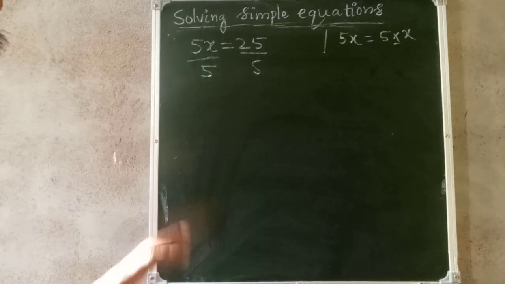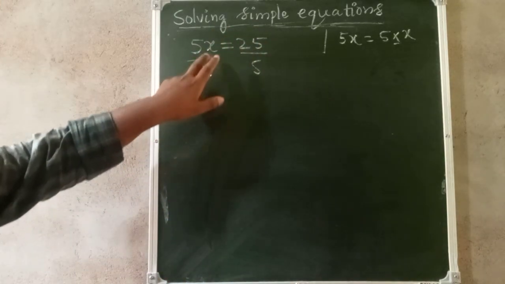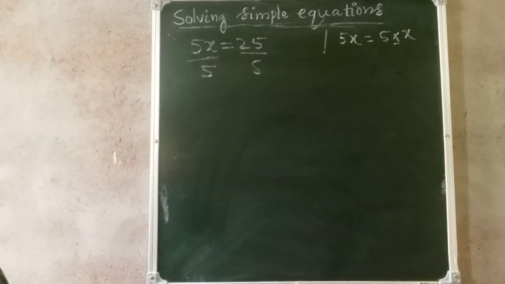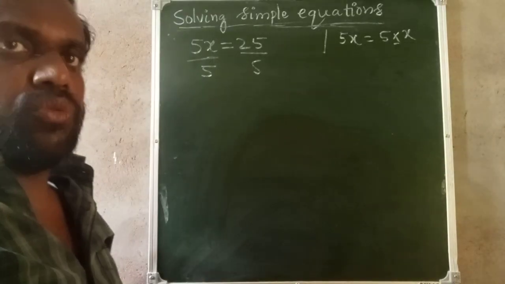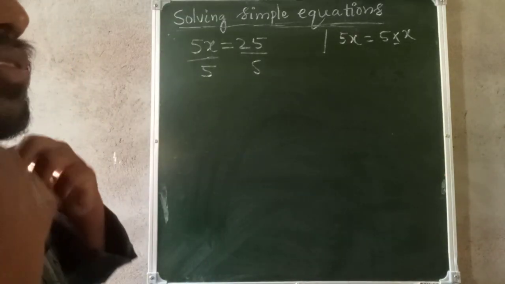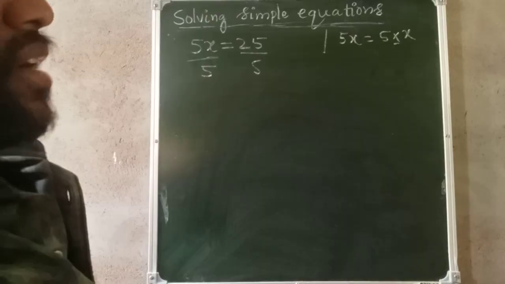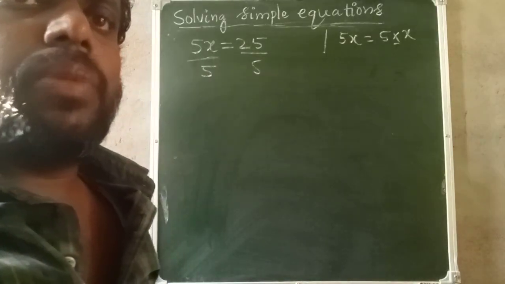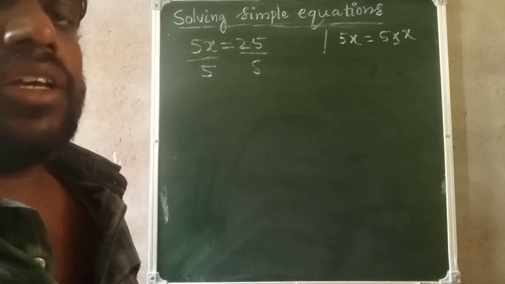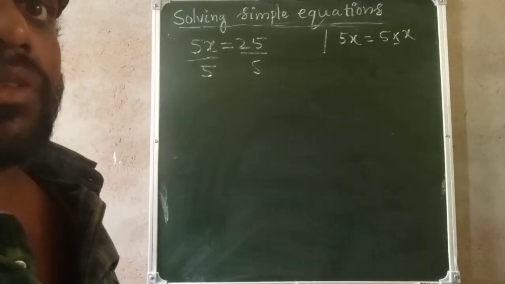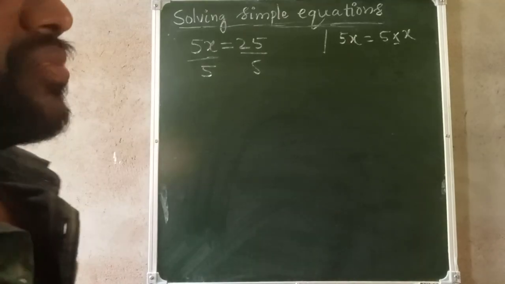So two sides are there. Why am I doing this? To remove this 5. Simply you should not remove. You have to follow this process. When you divide both sides, then the equation will be in balanced mode only. Equation won't change because you are dividing both sides by 5.